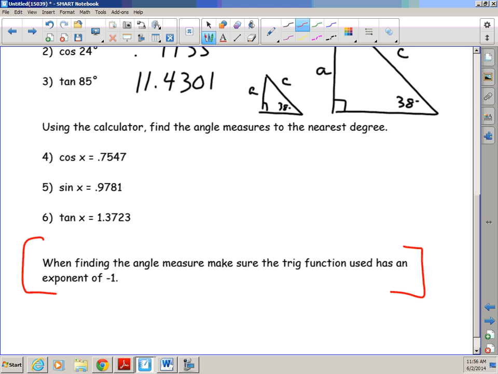That's telling the calculator I'm looking for an angle measure. All right? So you should make sure that you're getting these three angle measures when you're using your calculator and that you're comfortable with using it. All right, so today we covered the very basics of trigonometry, and we will use it over the next few days to find angle measures and side lengths.